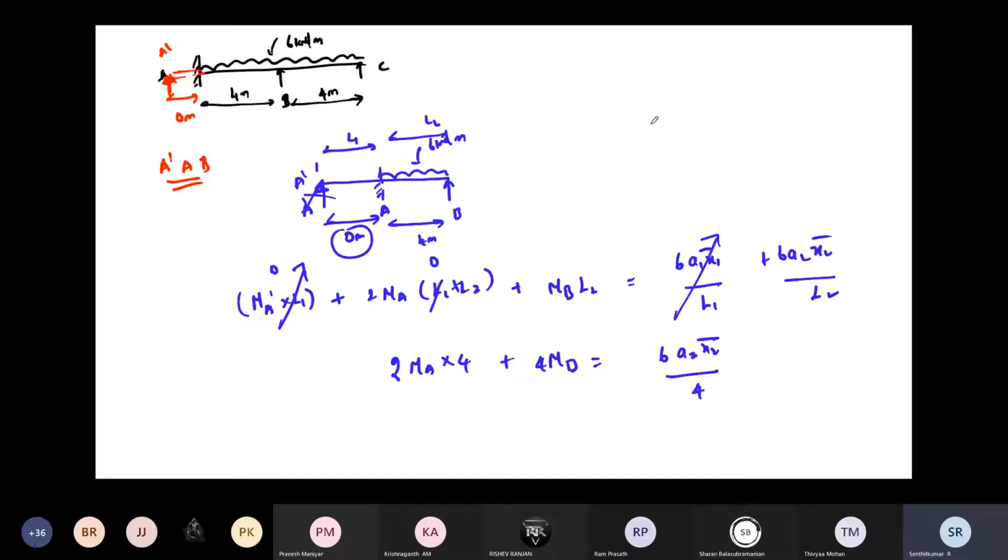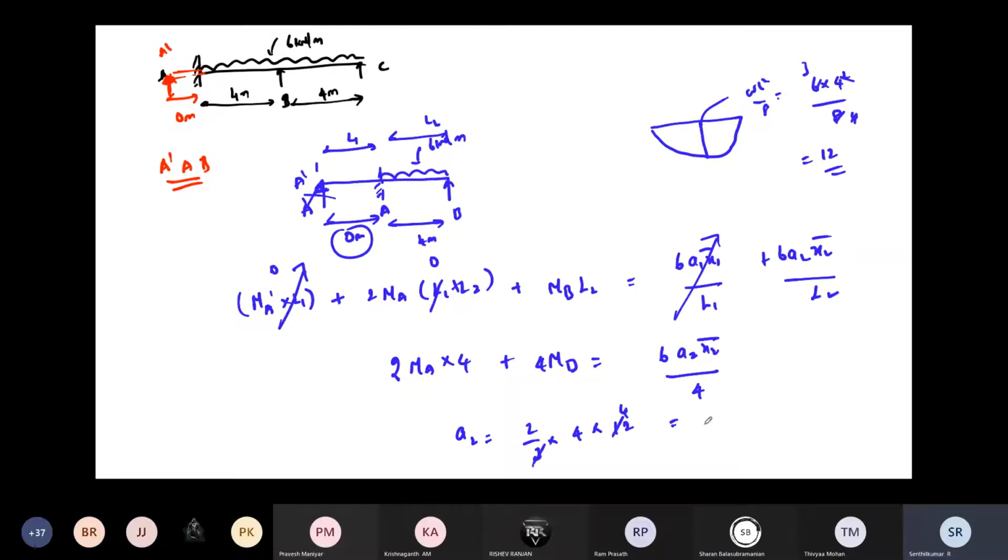What is A2? A2 will be the parabola of wL square by 8. W is 6, so 6 into 4 square by 8, the ordinate value, is 12 kN/meter. So A2 is 2/3 of L into H, L is 4 meter, H is 12, so that is 32.